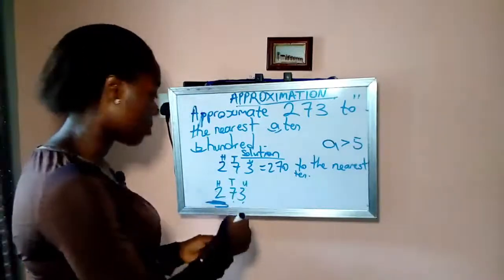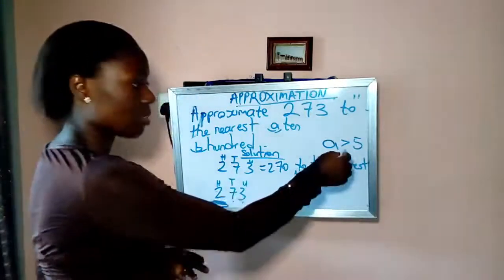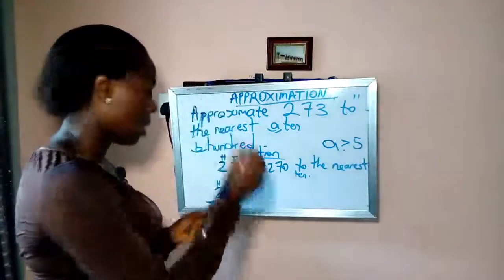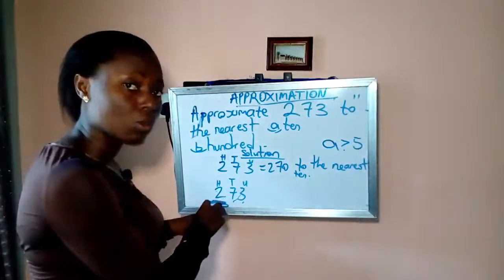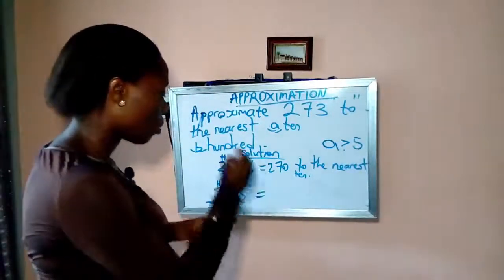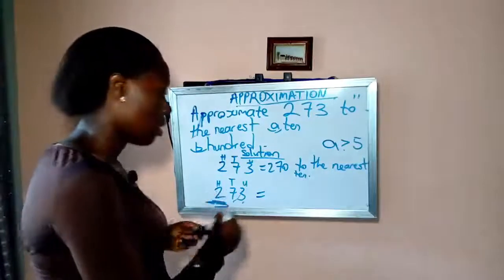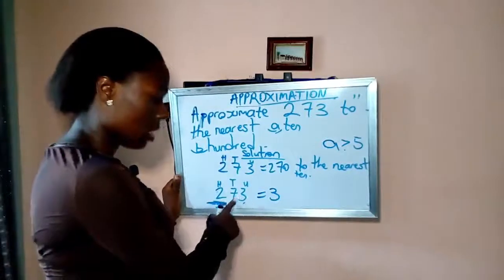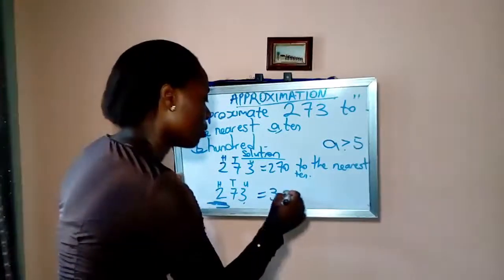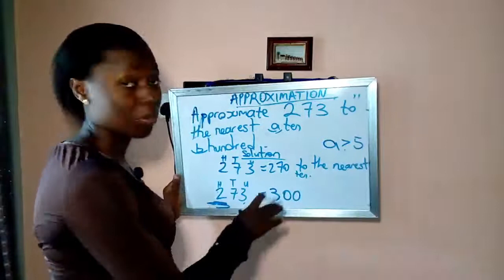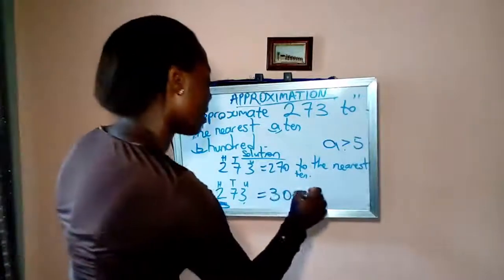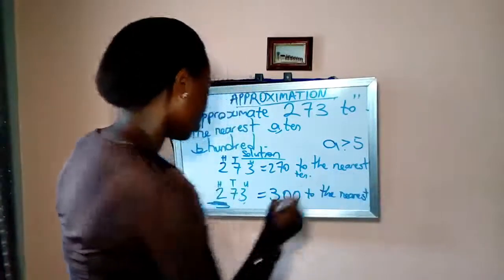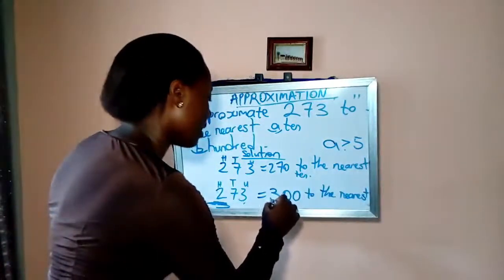But checking the 7, you can see that it's greater than 5. So we round it up to 1 and add it to our 2. 2 plus 1 gives us 3. What happens to those positions? Like we have seen earlier, we put 0, 0, because we have rounded them down to 0. To the nearest 100.